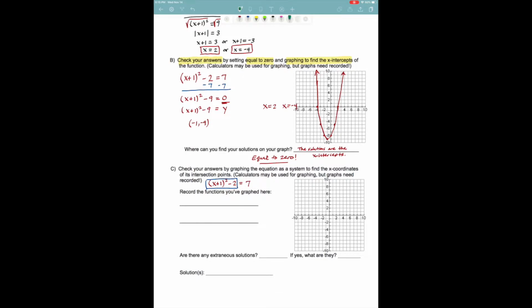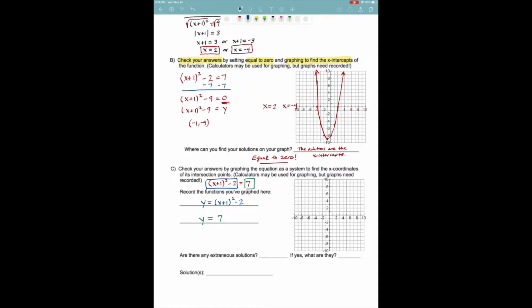And I'll graph that one in green so you can see where each one's coming from. So the functions that we're graphing here are y or f of x equals the quantity of x plus 1 squared minus 2, and the second one is y equals 7.